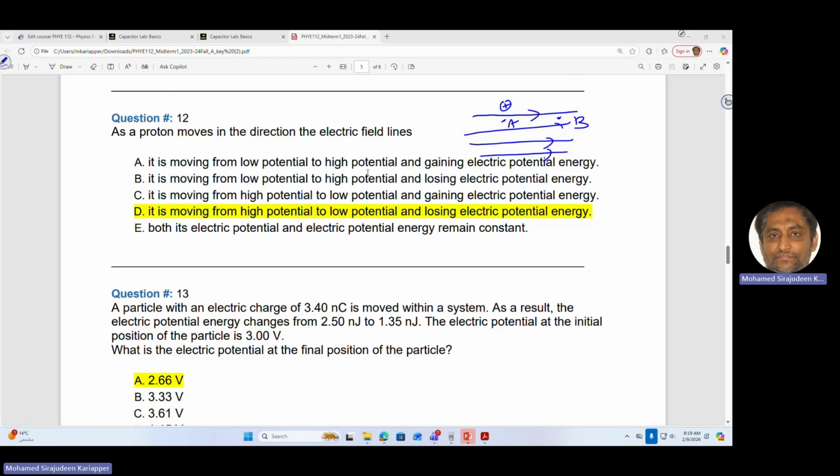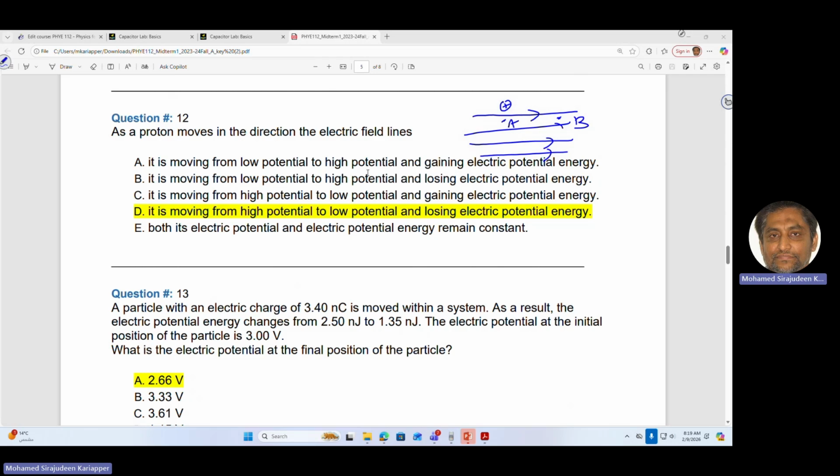And you know, positive plate is at a higher potential, negative plate is at a lower potential. So when you move in the direction of the electric field line, potential decreases. Remember that, okay? If you remember that, you can answer this question easily. So that is one way of remembering it, by picturing a capacitor plate.